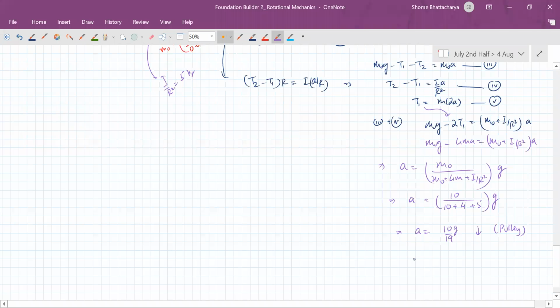And the horizontal acceleration of the block will be 2a. So it will be 20 by 19 g, like this for the block. This should be the answer. So acceleration of the block we have to find out. So that is almost equal to g, slightly greater than g in fact.